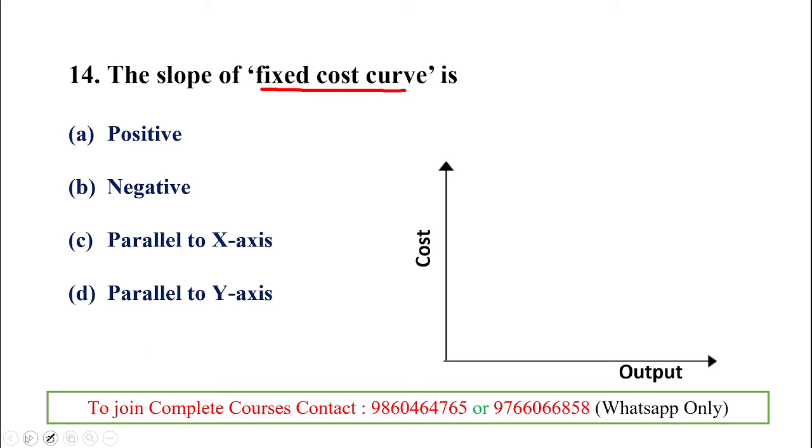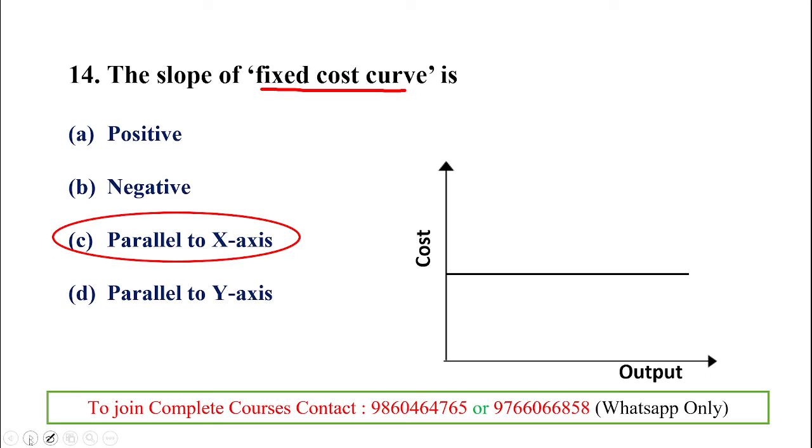So the fixed cost curve is parallel to the x-axis, a horizontal line, that is FC. It cannot change during the production procedure and remains constant.